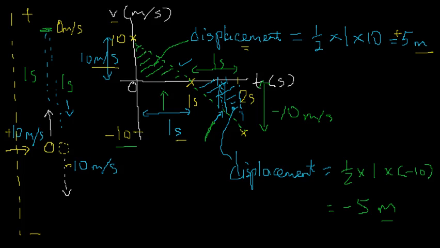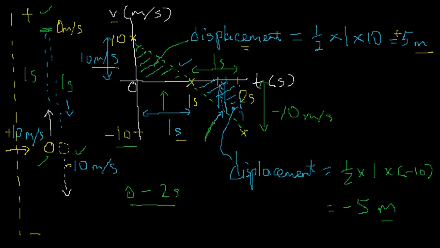Now finally let's do something interesting. Let's think about the displacement over 2 seconds, from 0 to 2 seconds during this time interval, meaning all the way from the start to the top to the bottom.